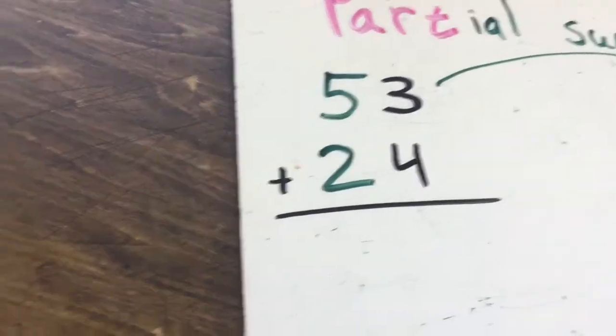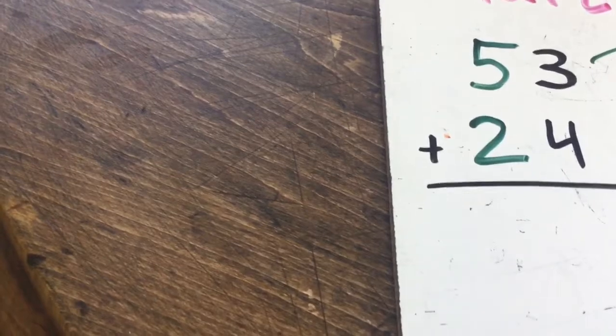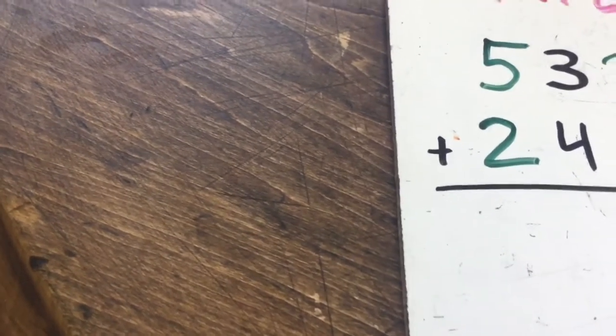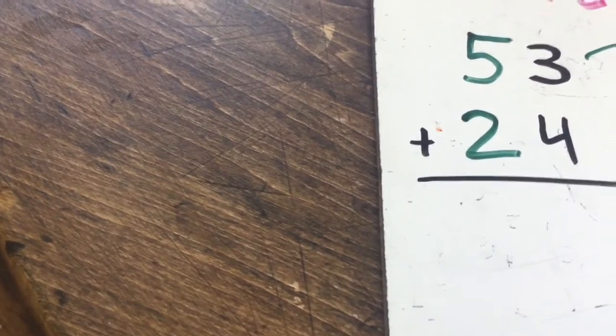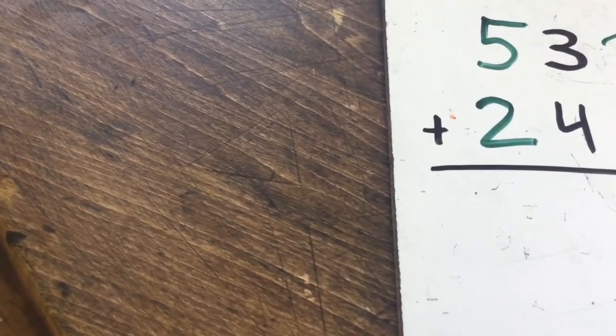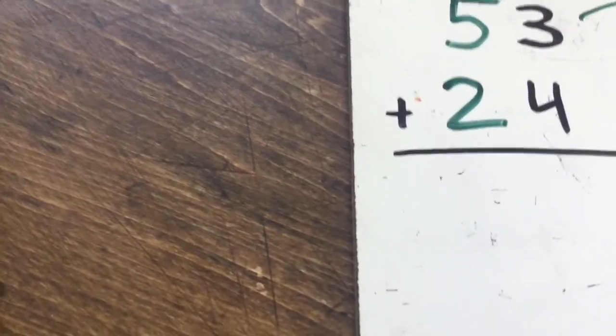Okay, now that I've done the ones place, the next place I need to deal with is the tens place. But remember, I'm not going to add 5 and 2, because 5 in the tens place isn't 5, and 2 in the tens place isn't 2.